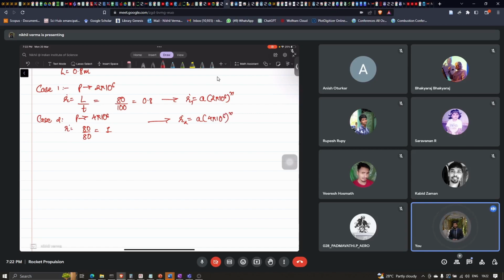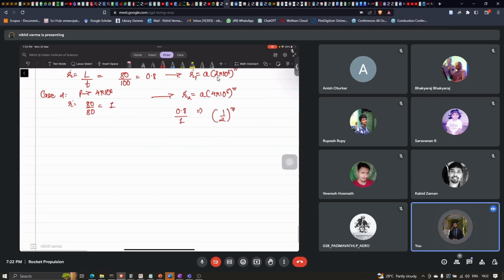So if we divide these equations, we'll eliminate a, and we will get 1 by 2 to the power n equal to 0.8 divided by 1, right?